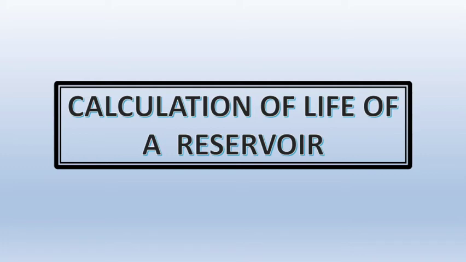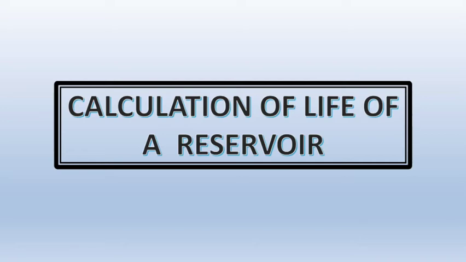Let us learn about the calculation of the life of a reservoir. By reaching this far in the presentation, you might already know that the life of a reservoir depends on sedimentation, which in turn depends on various other factors such as the slope of the area, the vegetation cover of the area, the type of soil that is present there, and so on. You might also know that the life of a reservoir is usually terminated when the capacity reduces to 20% of its design capacity.